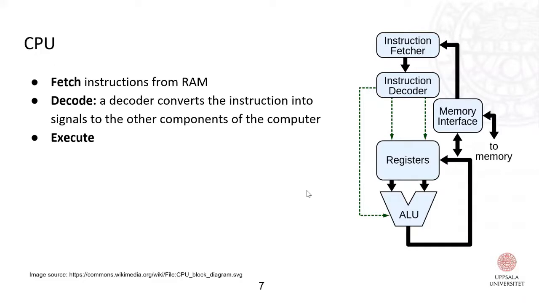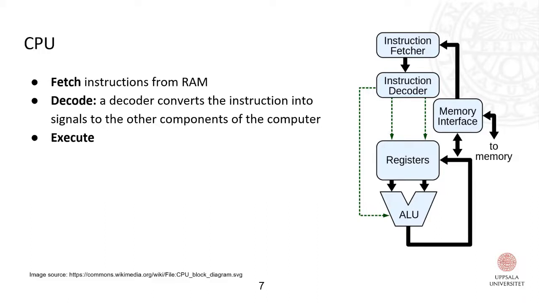Let's see at a high level how a CPU works and what different stages its work has. Because MIPS is a CPU, and knowing how CPUs work gives us a better idea of how MIPS works, what the instructions that we are going to use in our assembly program mean, and how they are going to be executed.